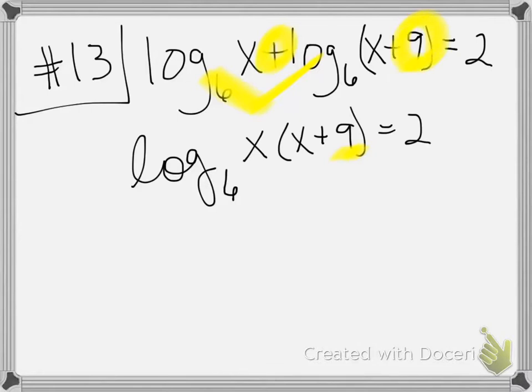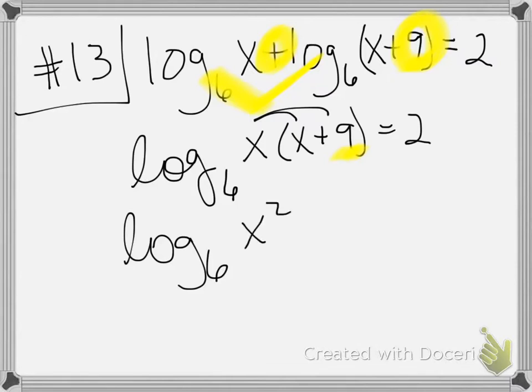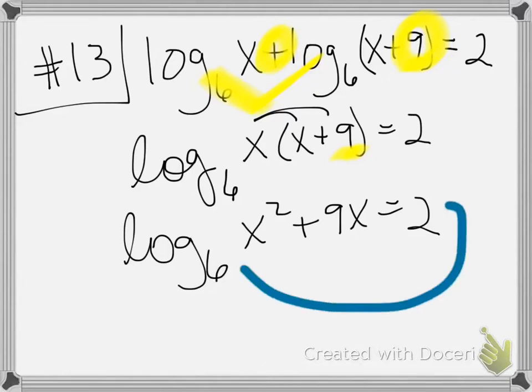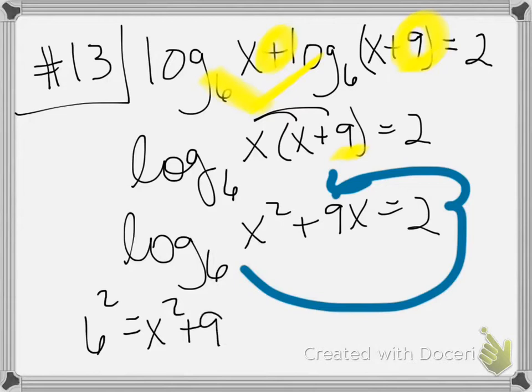Once you change it, though, we get log base 6, x times x plus 9, we're going to distribute. Now we have a logarithm, so I'm going to use 6 to the second power equals x squared plus 9x, I meant to say earlier.